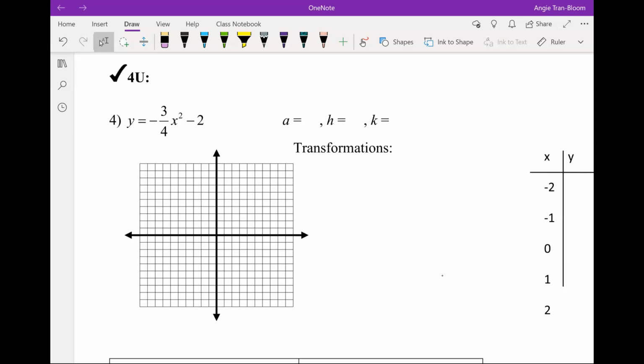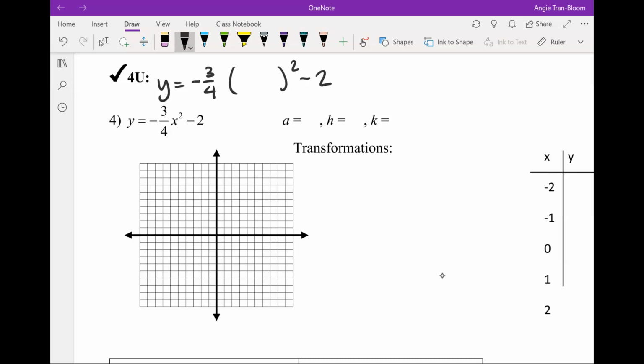Hey, before you guys get so excited and start plotting, notice how this is slightly different from our HK form, and some of you already stated that earlier for me. If you were to rewrite this, remember the HK form is something times x minus h, plus k. In this case, your k is -2.